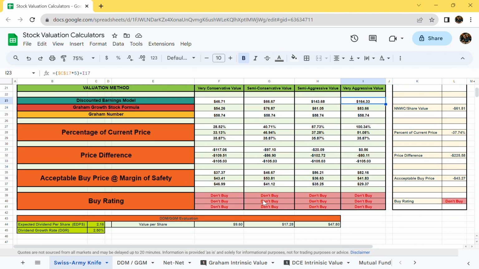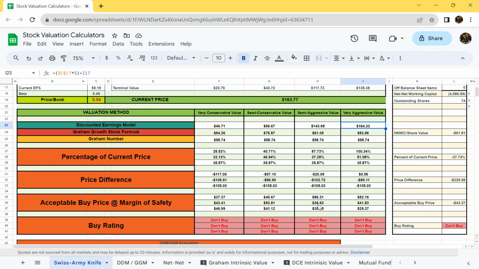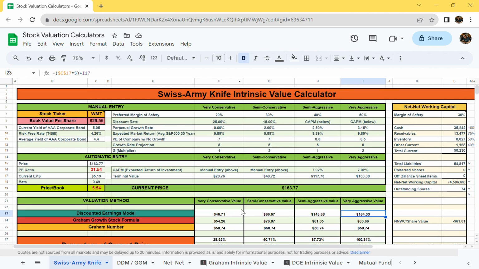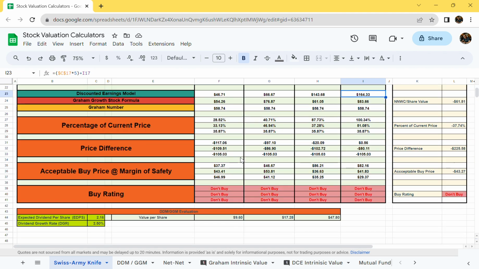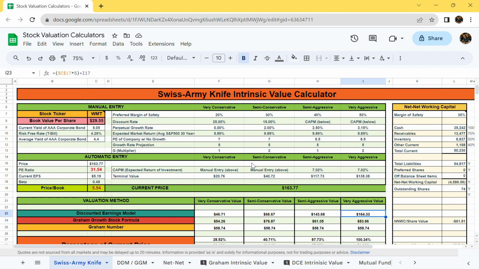So I'll quickly type through different stock tickers and their book values, and see if I'm getting buy or don't buy ratings, usually in the more conservative columns rather than the aggressive columns. And if I can get a lot of buy ratings, then typically I'll go and do much deeper research. If you've watched any of my other videos, you know that I do a lot of other quantitative analysis.